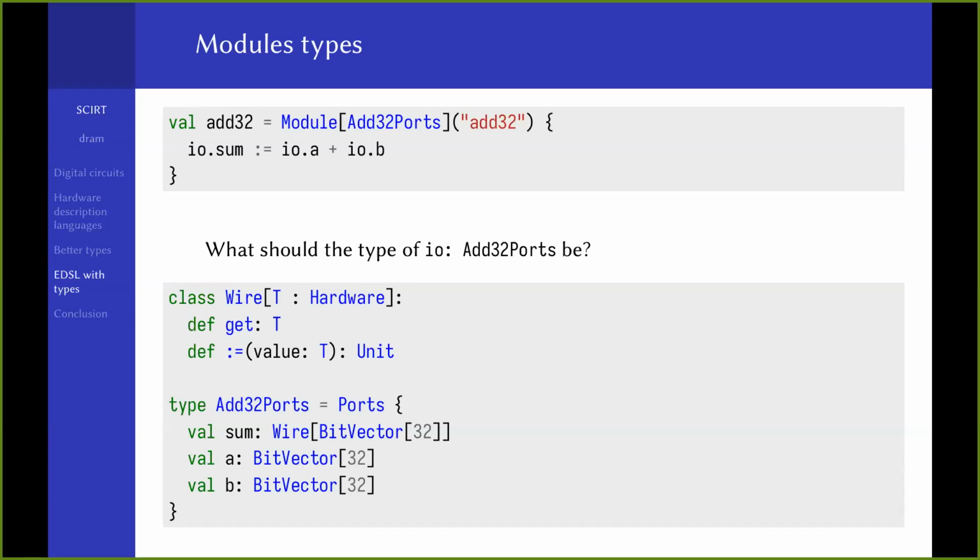For example, the port thing above will have a type like Add32 Ports as below with 3 extra members, sum, A and B. And actually the I/O value will have exactly this type. And when we access the members, we'll be able to access the wires or bit vector signals.